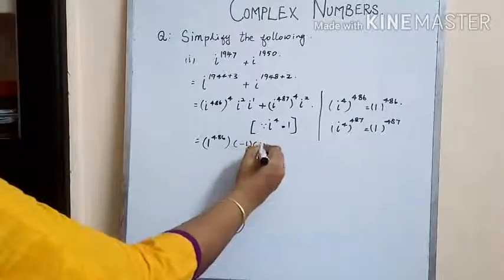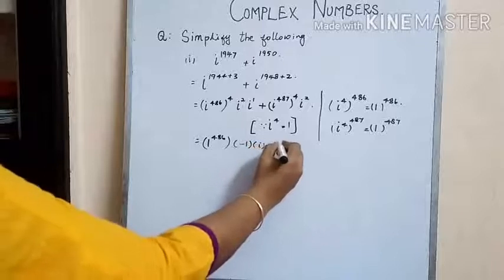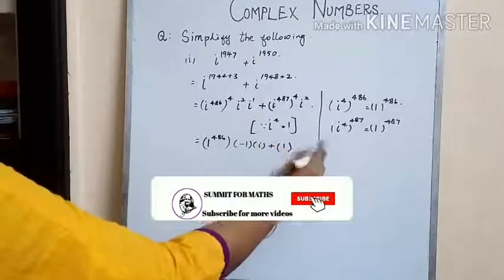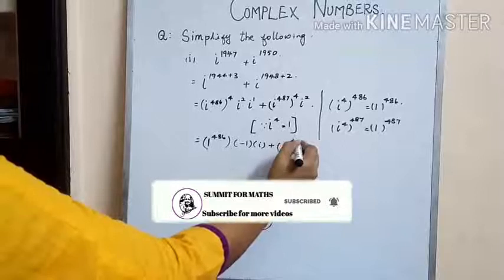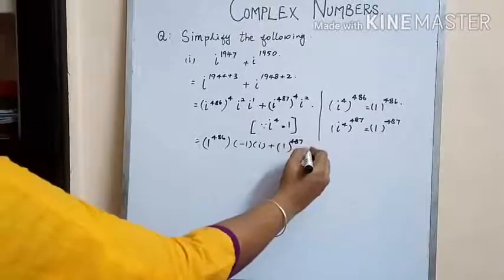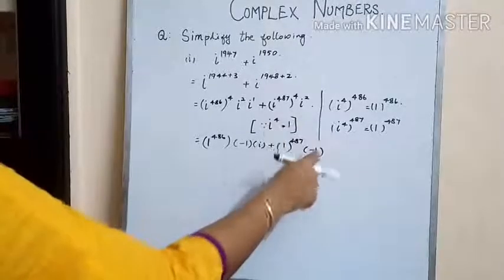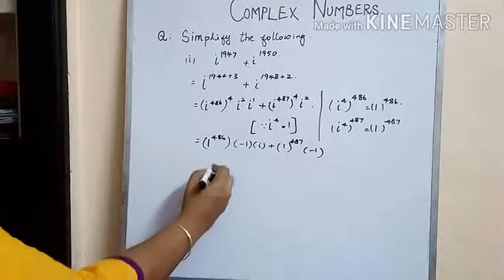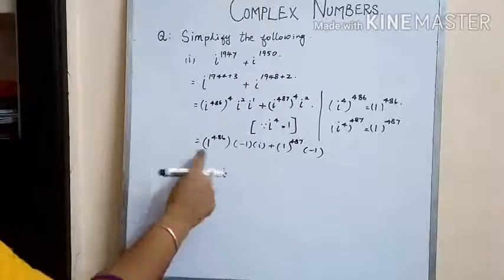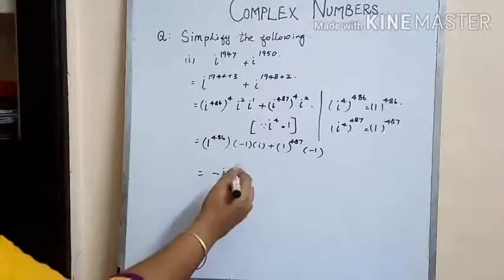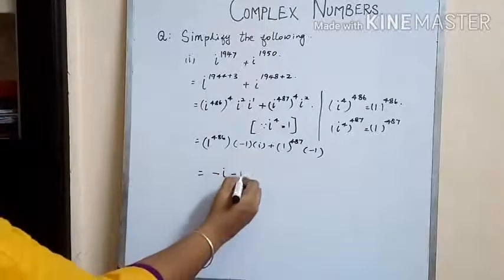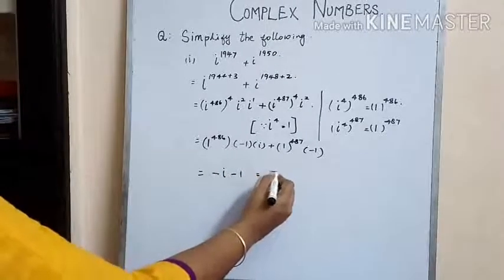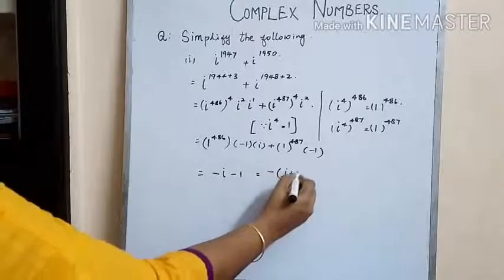So we get 1 to the power of 487 into i squared, which is minus 1 here. So we get minus i minus 1, which is minus of i plus 1.